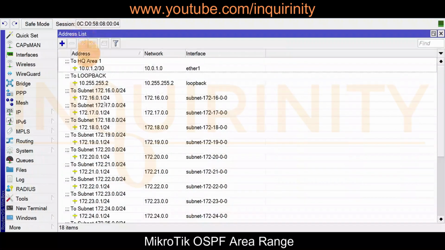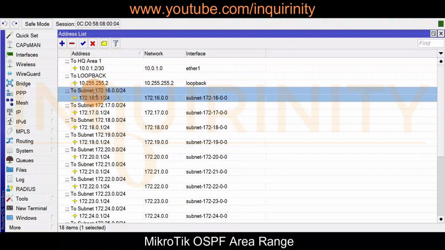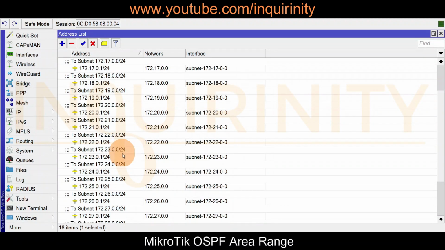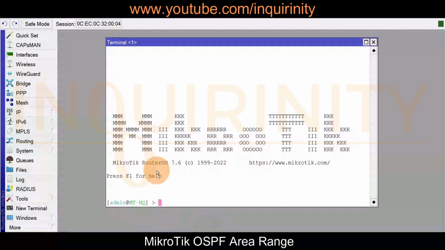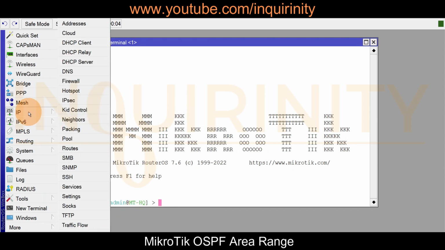So if we go to IP addresses, we have from subnet 172.16.0.0/24 down to subnet 172.31.0.0/24.